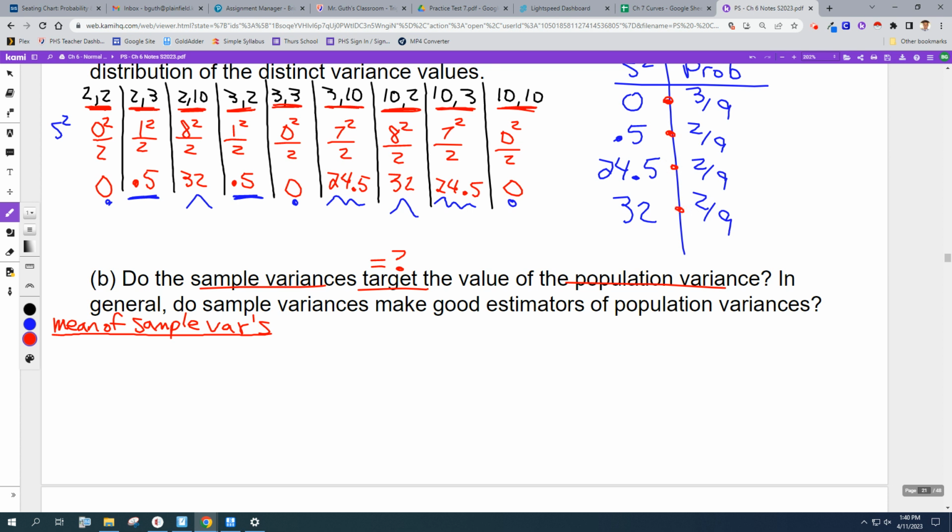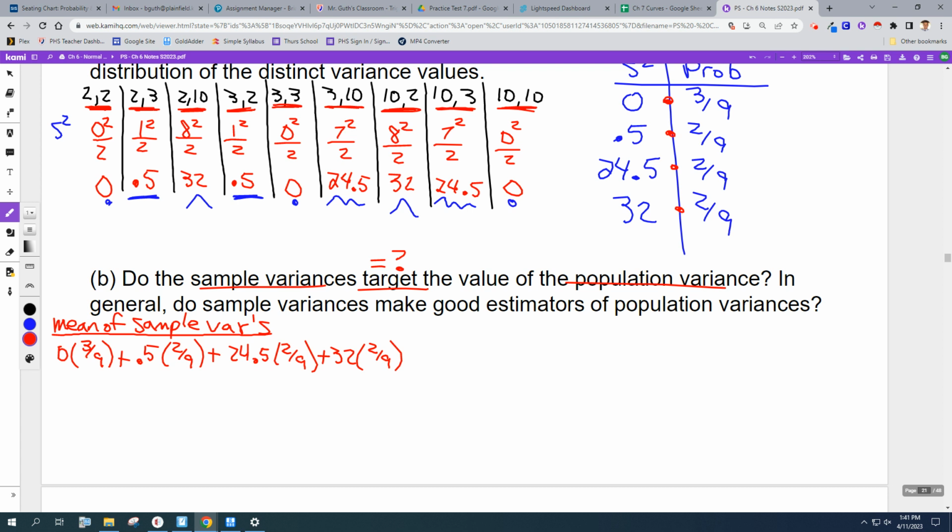We found the expected value of a probability distribution table. So we're going to go 0 times 3/9 plus, that's a 0, 0.5 times 2/9 plus 24.5 times 2/9 plus 32 times 2/9.